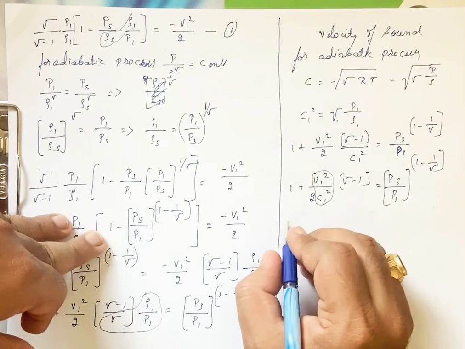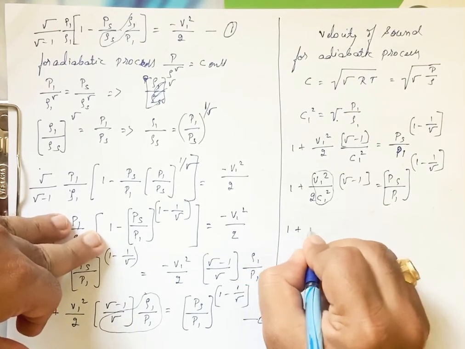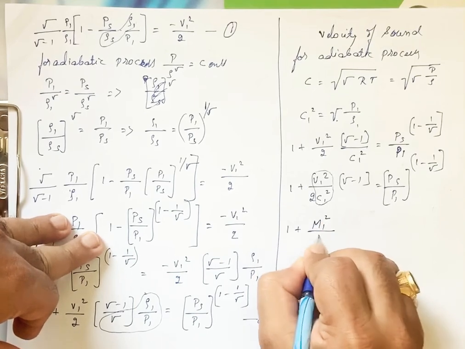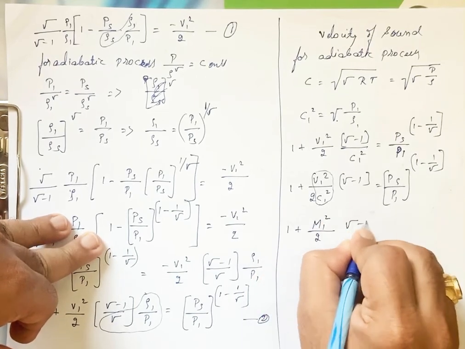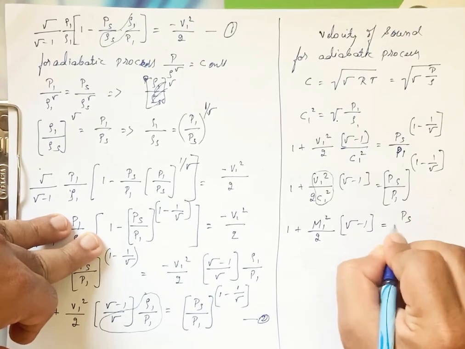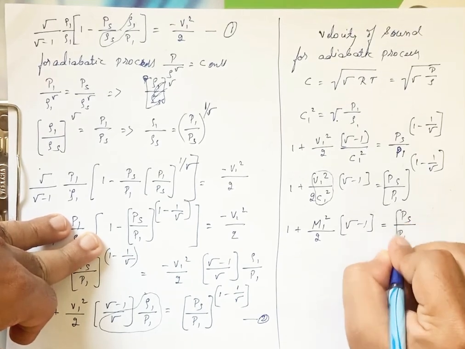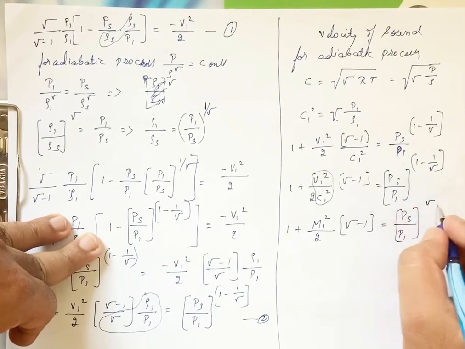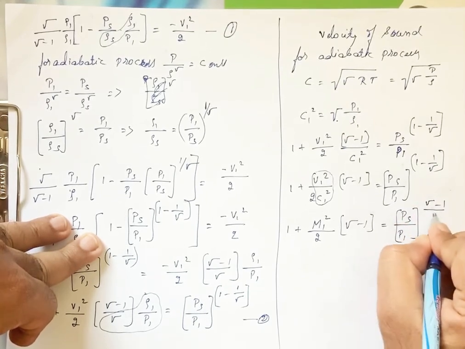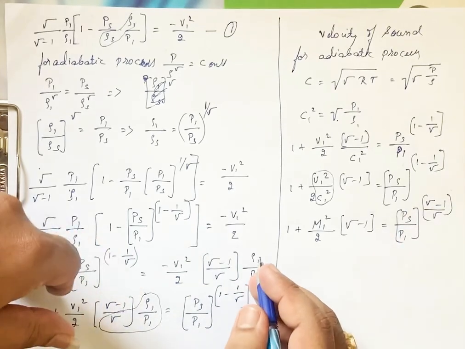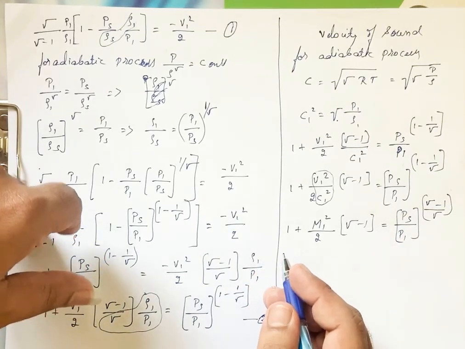So I can write 1 plus m1 square divided by 2 into gamma minus 1 is equal to Ps divided by P1 raised to... I'll multiply this by gamma minus 1 divided by gamma, taking the common term, the LCM.